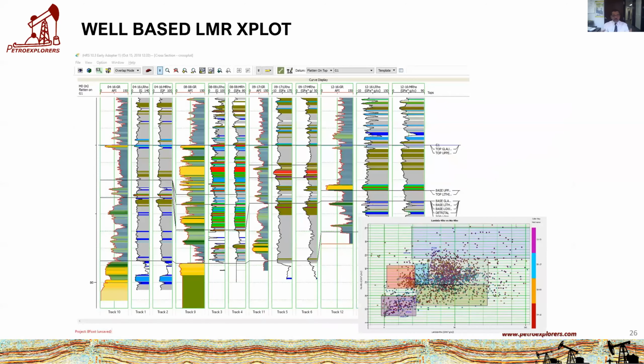Now if I look at the logs, you will run lambda rho and mu rho and look at the cross plots of the various logs. This shows which areas are really the oil bearing sands, and which areas are wet sands.